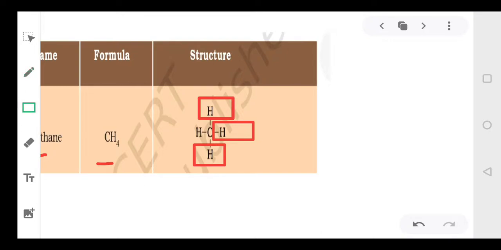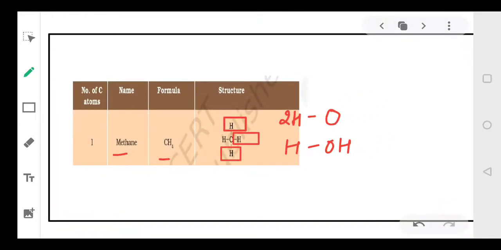Here, instead of this, we will have O. We will remove 2 hydrogen atoms and in their place one oxygen atom will come. We will remove one hydrogen and in its place an OH will come. Right? So let's replace it. So we have C. Let's rub this because here we have to represent the double bond.